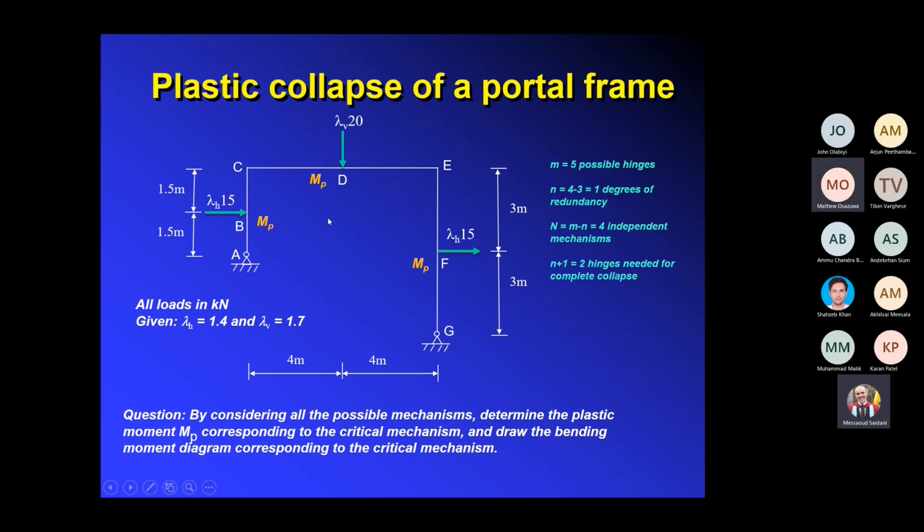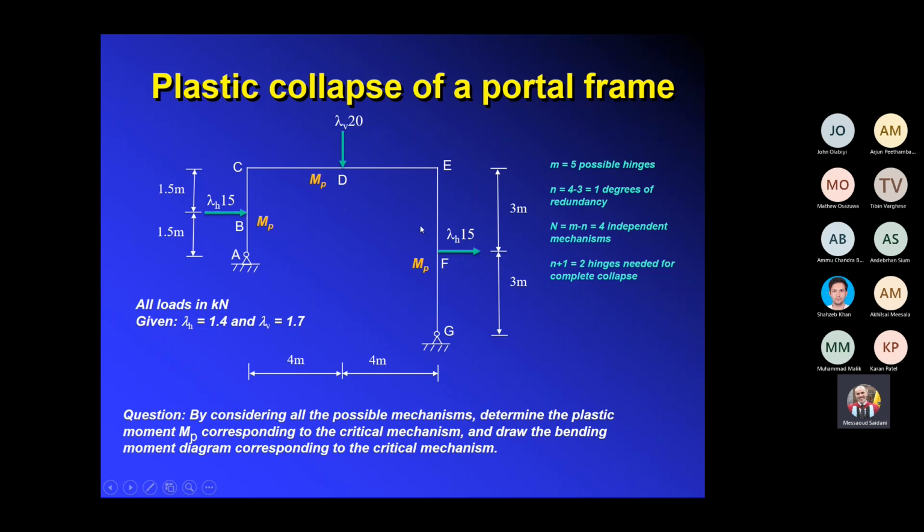Now, if you look at this beam CE, it has 3 hinges at C, D, and E. In fact, if only a hinge forms at C and a hinge forms at E, the whole thing will collapse, because as soon as a hinge forms at C, you can see what's going to happen here, because that's not fixed. This is a simple support. So when you have a hinge forming at C, that part will just collapse, and that part will just collapse.